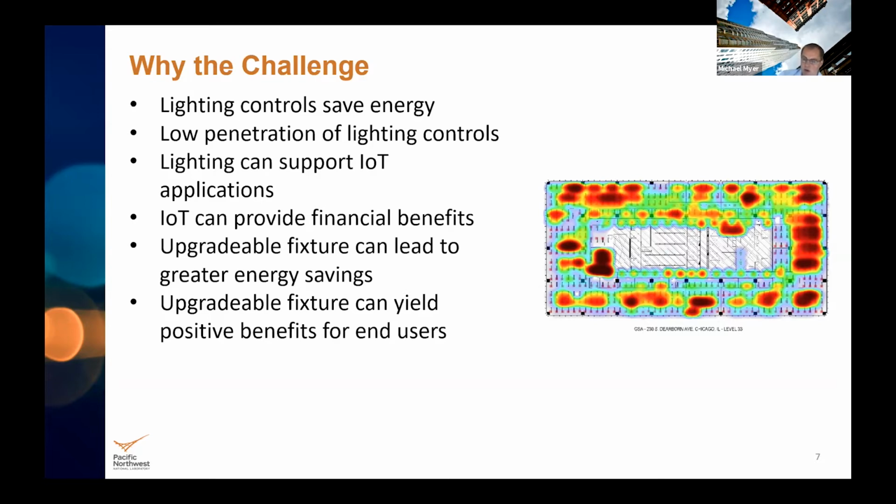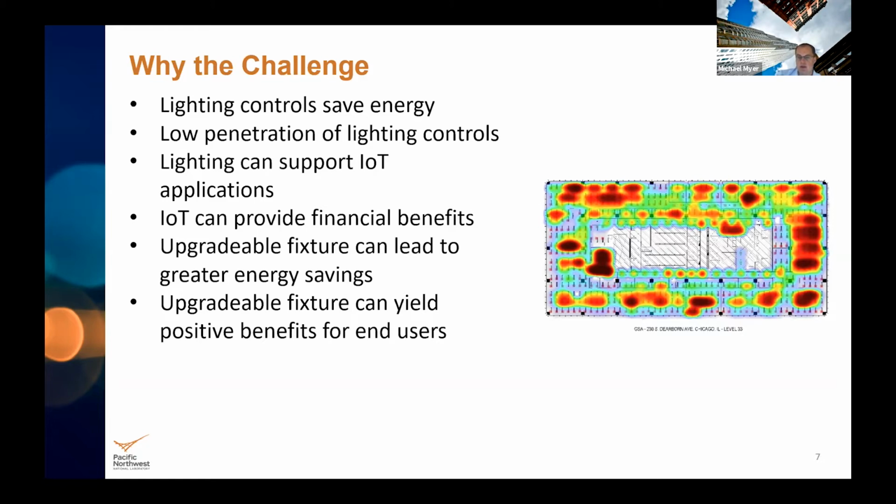In the image, the darker colors reflect spaces that see a lot of human activity as detected by the occupancy sensors that sample on a pretty frequent schedule. The green or purple areas are less busy. This is one example, and we'll talk more about other IoT applications in a second.